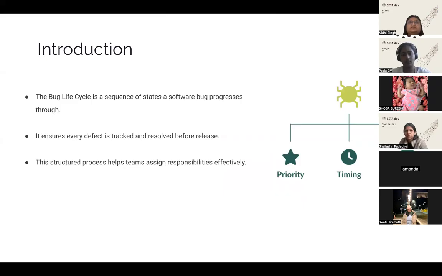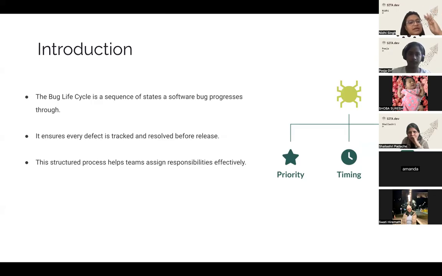Bug life cycle means when a bug is reported, or when a tester logs a bug, every bug undergoes different statuses from the time it is generated till the time it is closed. These statuses are sequential, and they are known as the bug life cycle. It is a sequence of states a software bug progresses through from its finding to its closure.